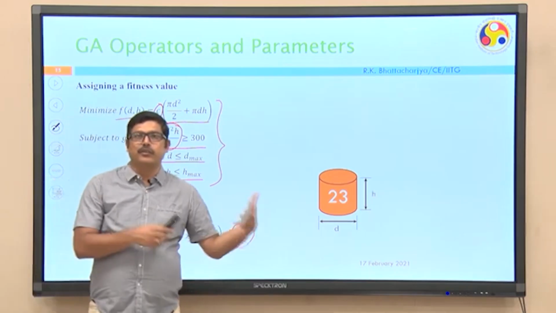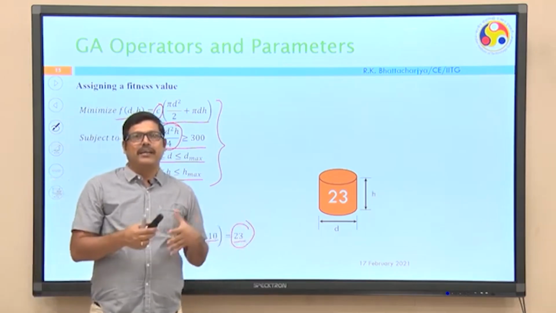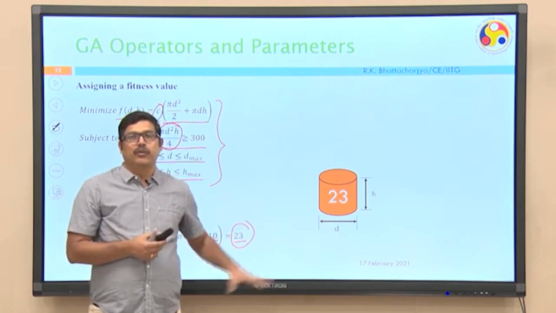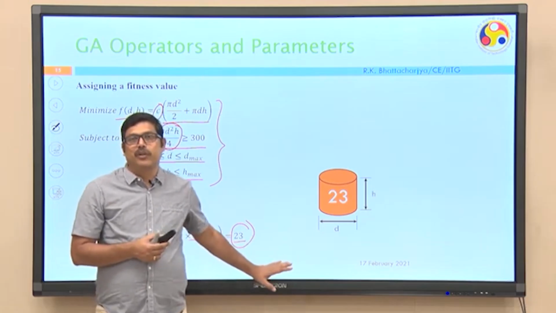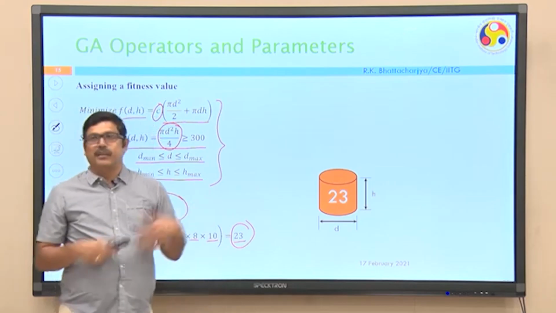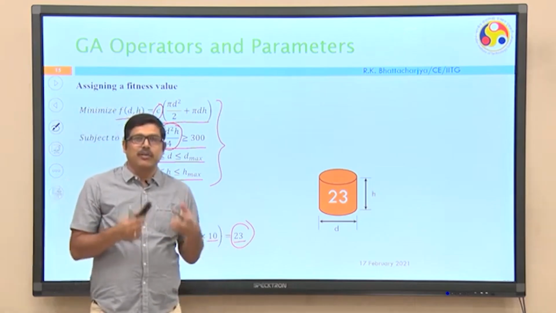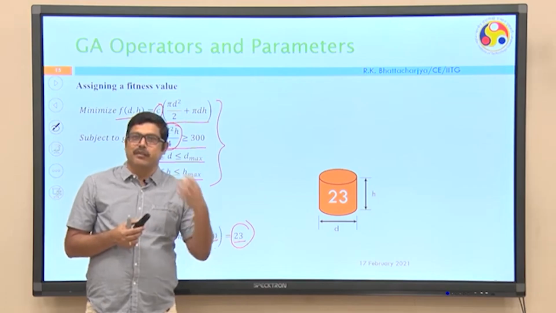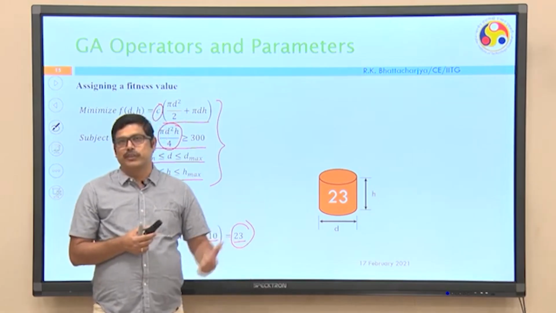If I have another solution, another D and H, and I am getting 24, then 23 is the better solution because the cost is less. The concept is that if this value is lesser, the solution is better.